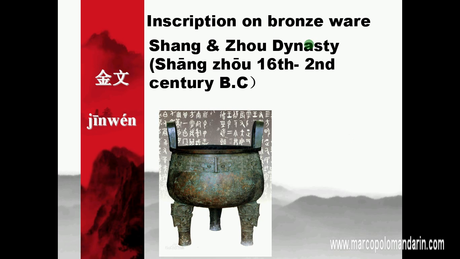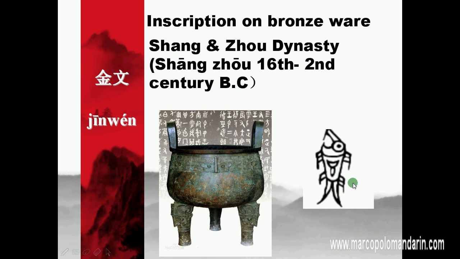These characters were used in the Shang and Zhou dynasties, which means the 16th century to the 2nd century BC. In this period, the fish turned to this picture, still the character 鱼.